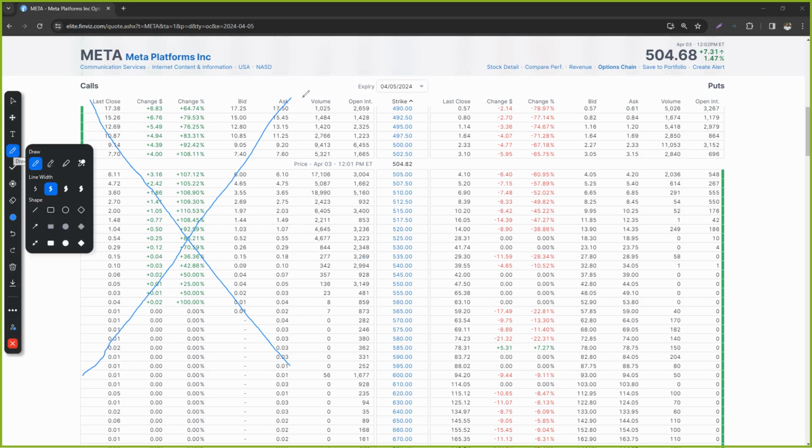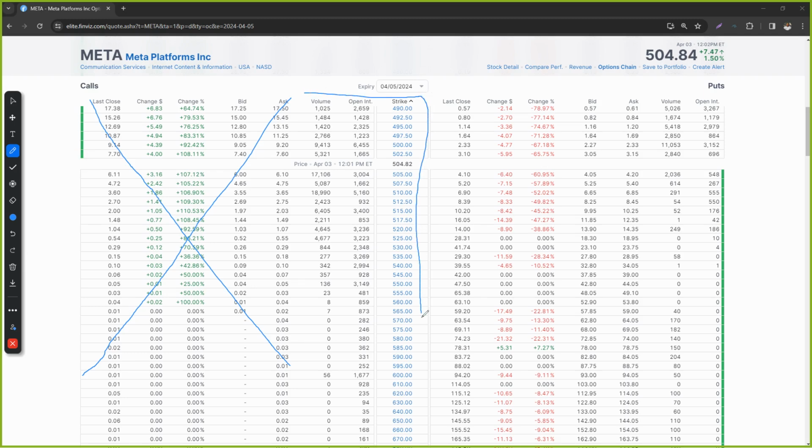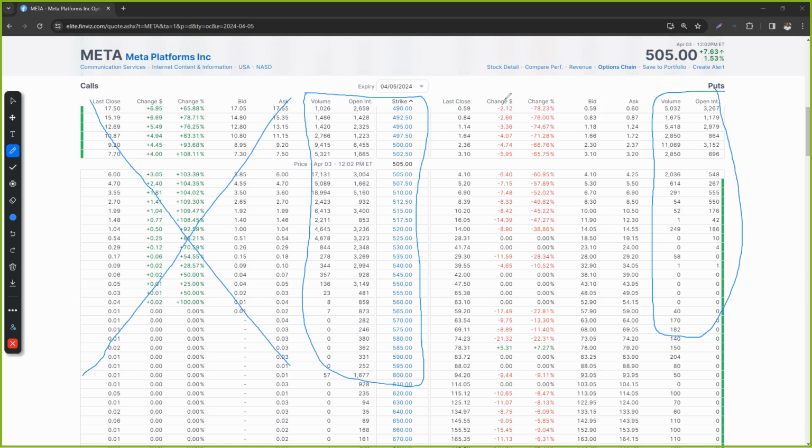We're looking at the stock strike price. This right here is the information we care about. And then on the put side, again, this is the only information that we care about.